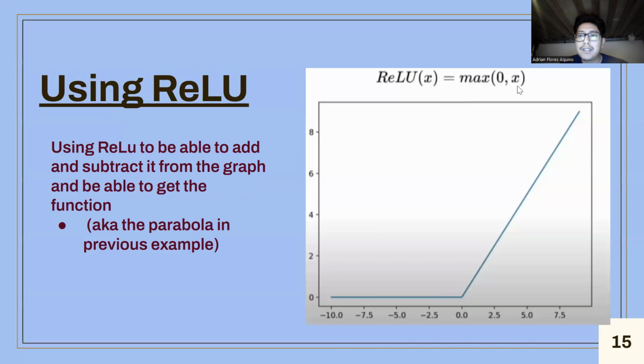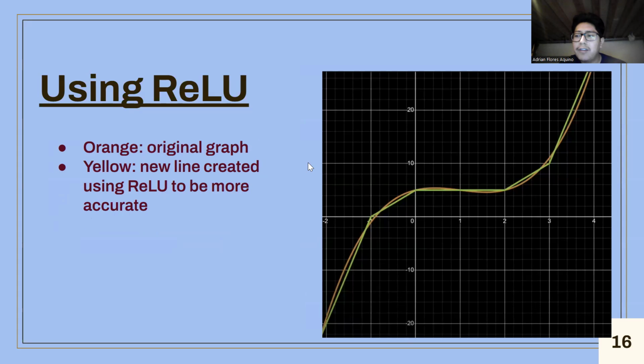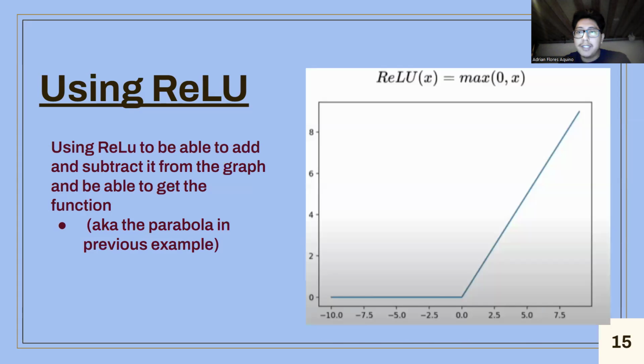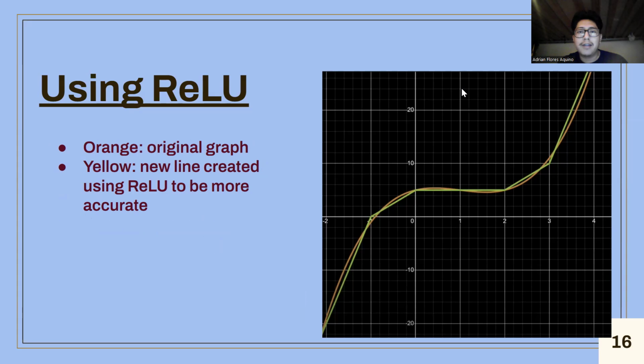Using this formula, you could adjust it and either add it or subtract it to the original equation, and the more different equations you have, you add them. So let's say you made three, right? You add all three of them, and if it's done right and accurate, it would form the original graph that it has. So that's good to know.